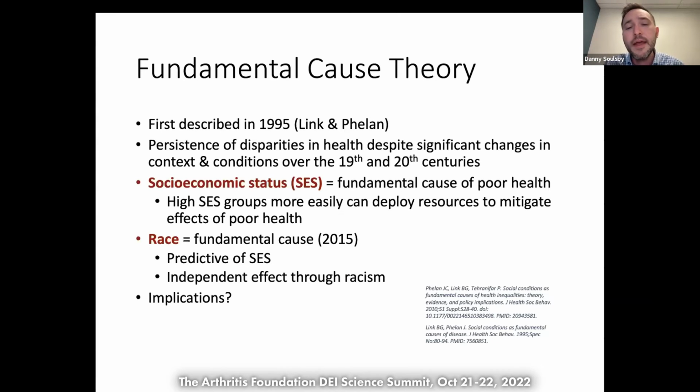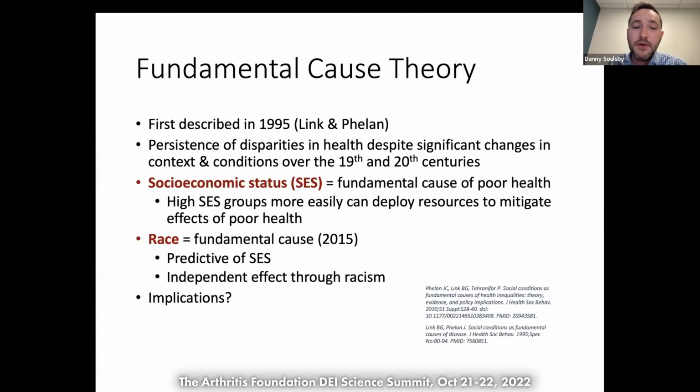They amended their fundamental cause theory in 1995 to talk about the importance of race being A, predictive of socioeconomic status, and B, having an independent effect on causing poor health outcomes through racism. And so this really helps to inform this work.